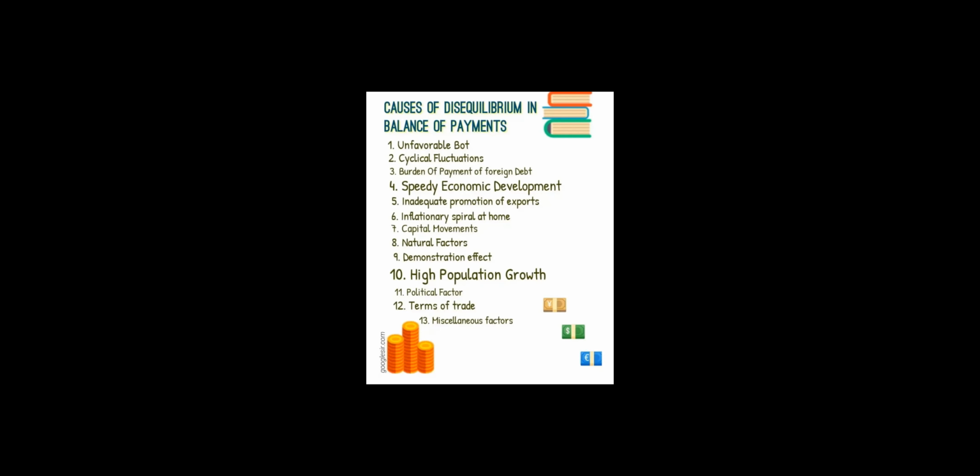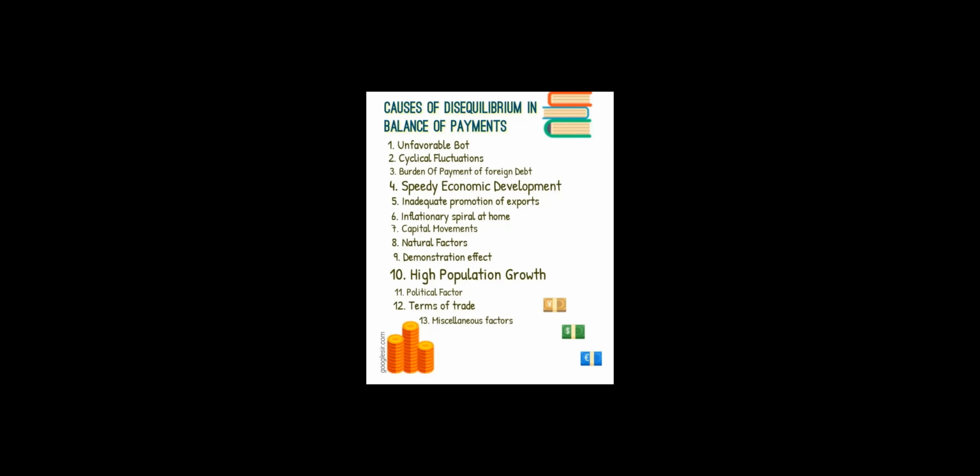For example, if a business recession occurs in a foreign country, it may easily cause a fall in the exports and exchange earnings of the countries concerned, resulting in disequilibrium in the balance of payment.